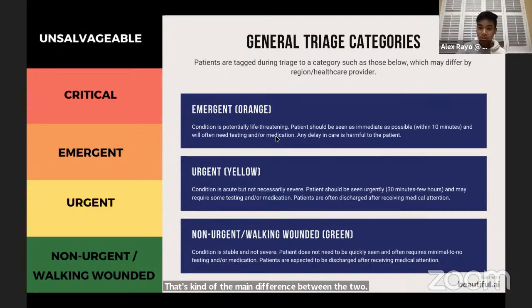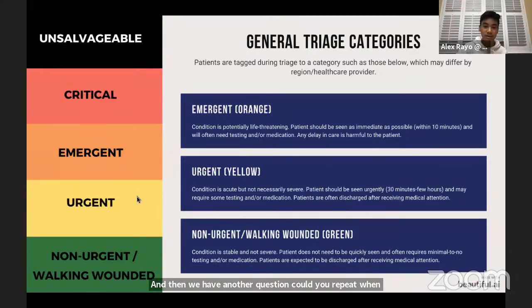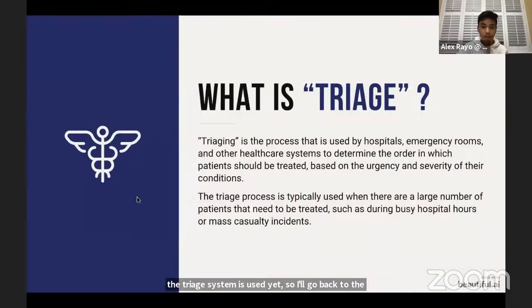And then we have another question. Could you repeat when the triage system is used? Yeah, so I'll go back to the first slide. The triage system is mostly used and really helpful when there are a large number of patients that need to be treated. You can imagine if 20 people come into the emergency room at once, medical staff might be overwhelmed and wonder how to treat all these people at once. That's when the triage system is really used, to rank, categorize and order all of these patients and the order in which they should be treated.